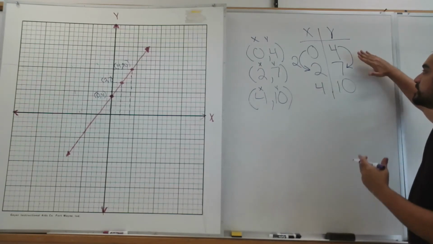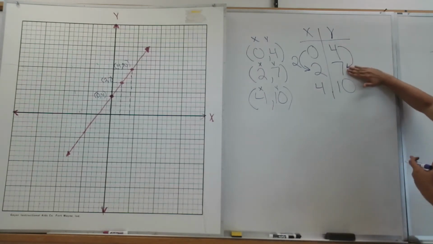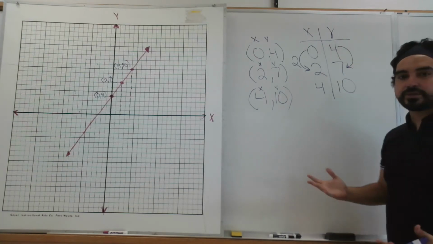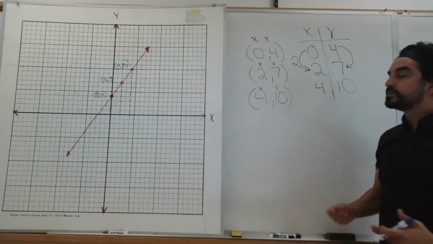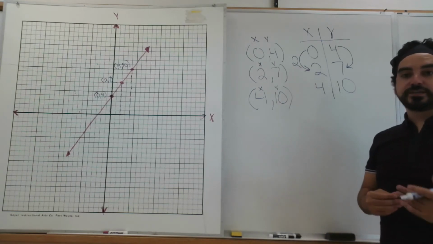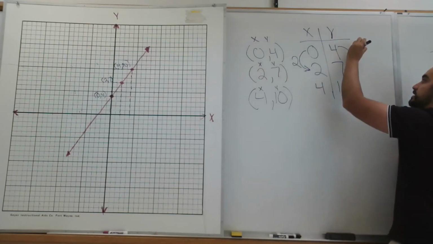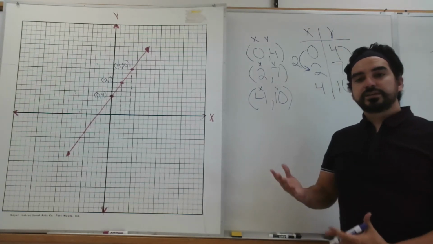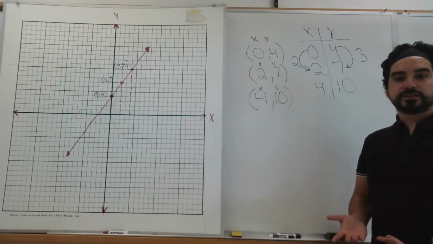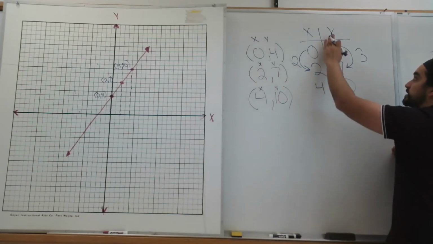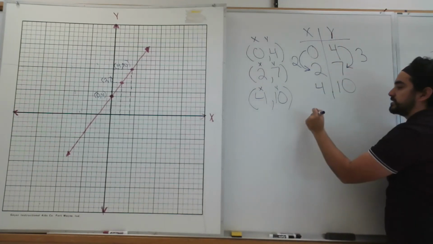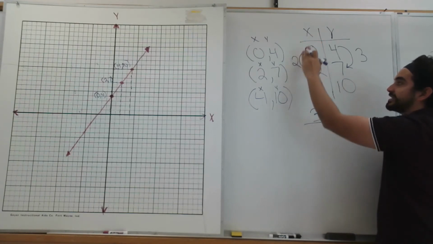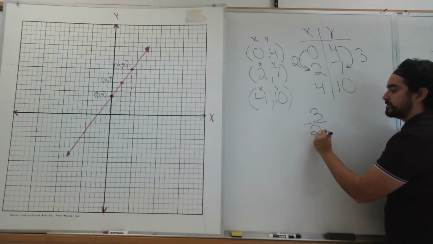Same as this side. For my y's, if my end value is 7, and I started off with 4, what happened in between? So I'm going to do 7 minus 4, and that gives me 3. So then now what we have to do is put it as change in y over change in x. So our change in y is 3. So we're going to have 3 over change in x is 2.